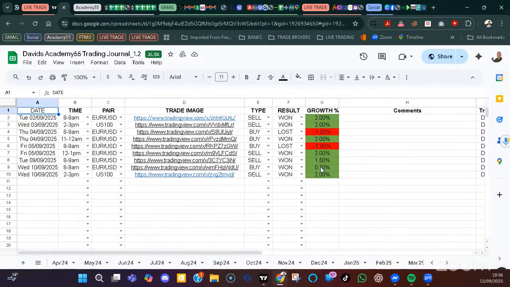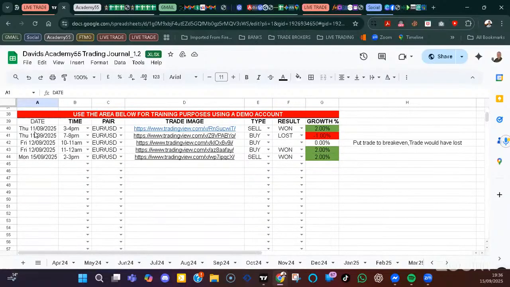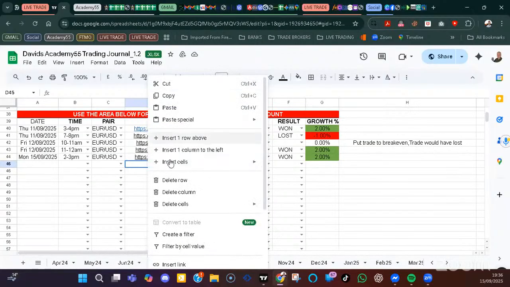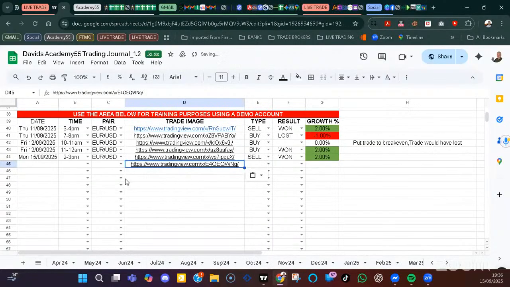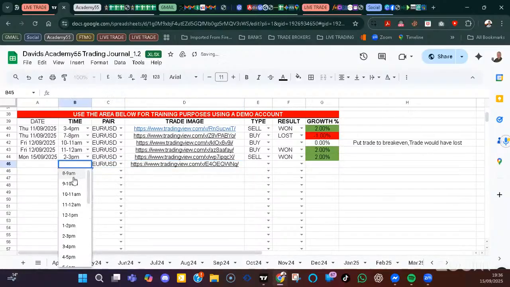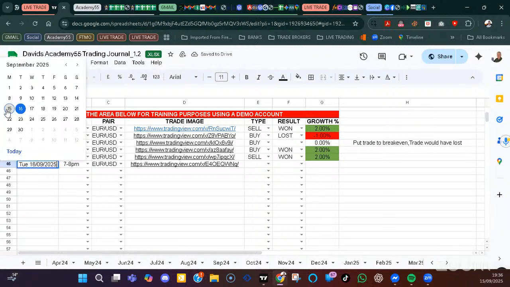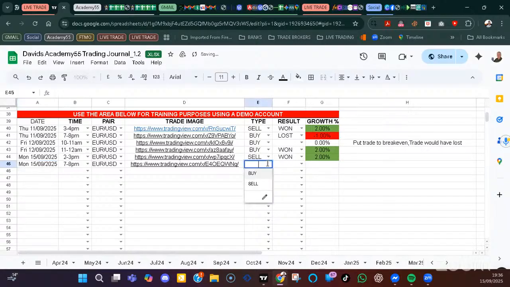This is all the ones that gave me that 10% achieved, and these are all the ones I've done on demo. So put the screenshot in. It was the EUR USD, at the time between 7 and 8 this evening. Monday. Drag it down. Yeah, Monday. It was a sell.